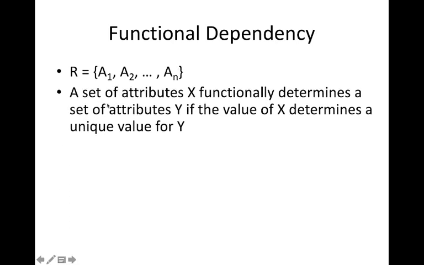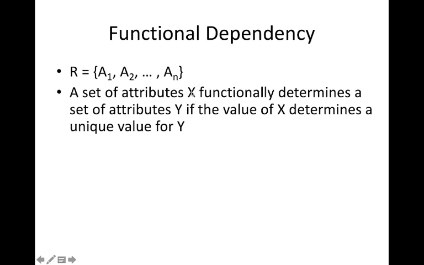What do you mean by functional dependency? A set of attributes X functionally determines a set of attributes Y if the value of X determines a unique value for Y. So in relational database systems, W, capital X, capital Y, capital Z all denote sets of attributes.